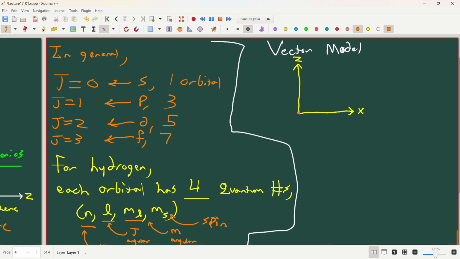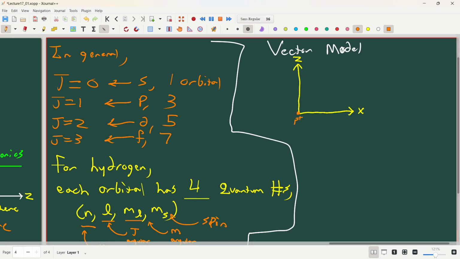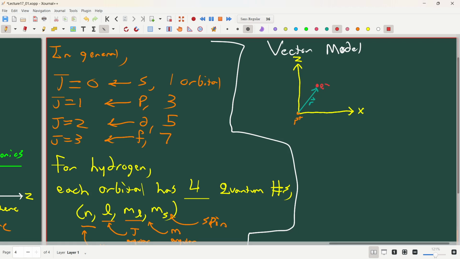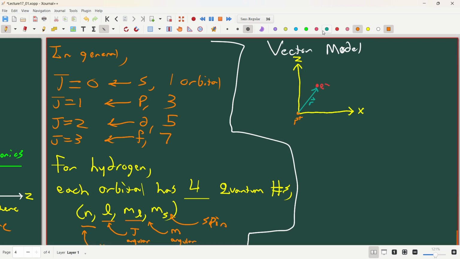So the proton is here, and there's a position vector, R, which points to the electron, like that. What we're going to do is apply a momentum, a force, to that electron and give it some momentum in some direction. Let me do a slightly different angle.